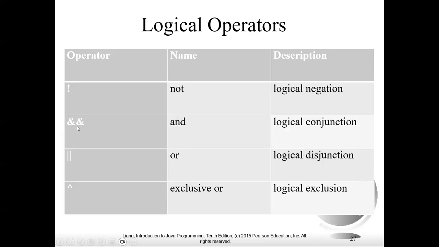The double ampersand means and, the logical conjunction. The two vertical bars mean or, that is logical disjunction. And the caret means exclusive or, that is logical exclusion.